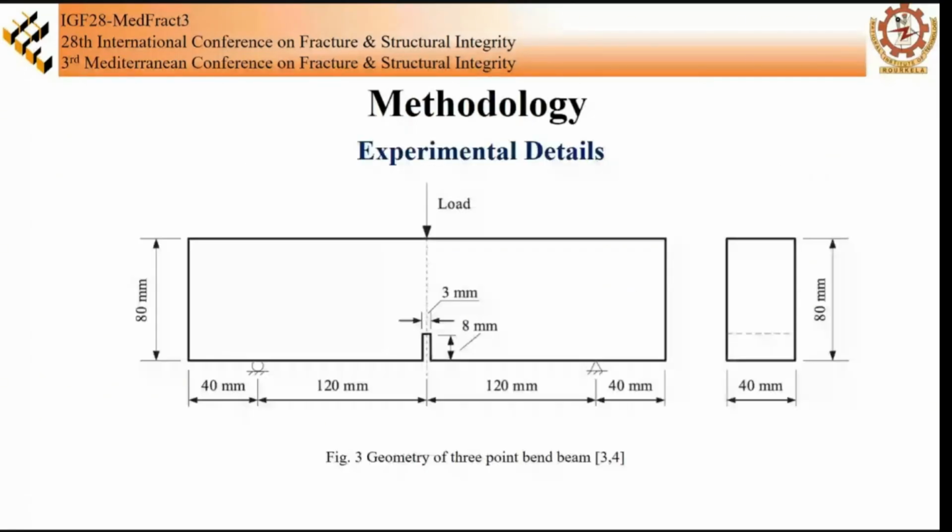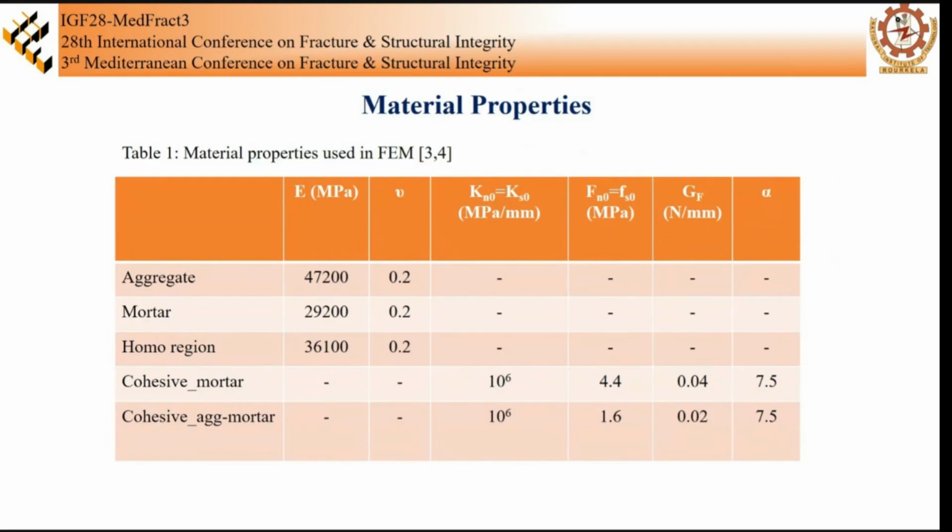The methodology. The fracture in concrete has been studied for a set of 3-point bend beams from the existing literature. The geometry and loading setup is provided in the figure for a center-notched 3-point bend beam specimen. The material properties are taken from the existing literature for different concrete components and are provided in table 1.